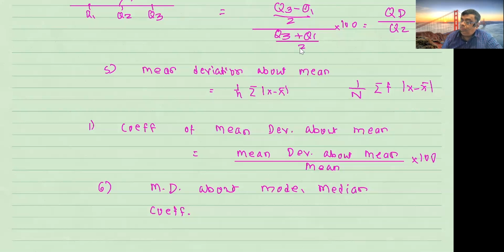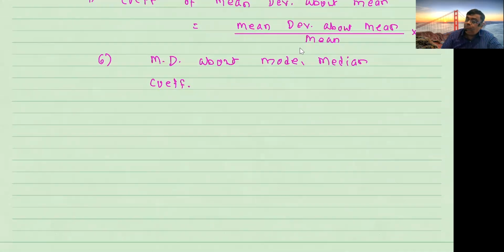Done? Okay. Then in that case, I come to the variance. Now remember, variance is equal to sigma square. And that is equal to take total upon n, x minus x bar square.